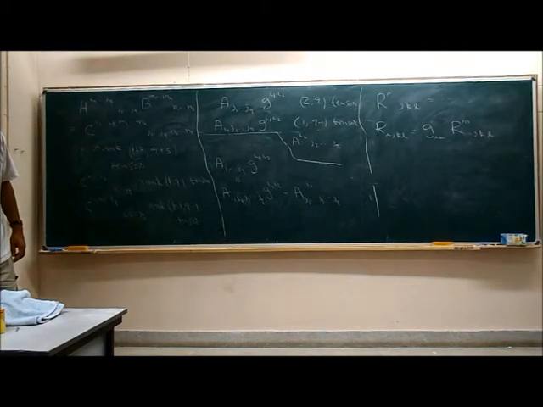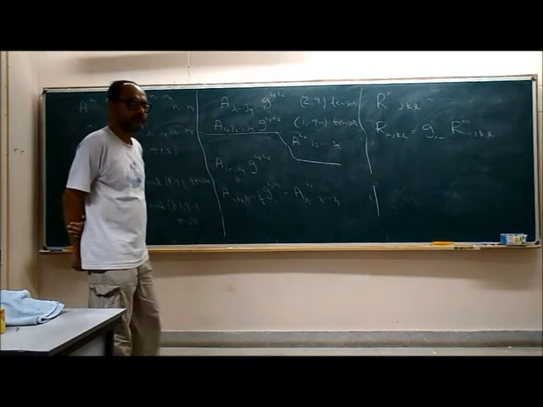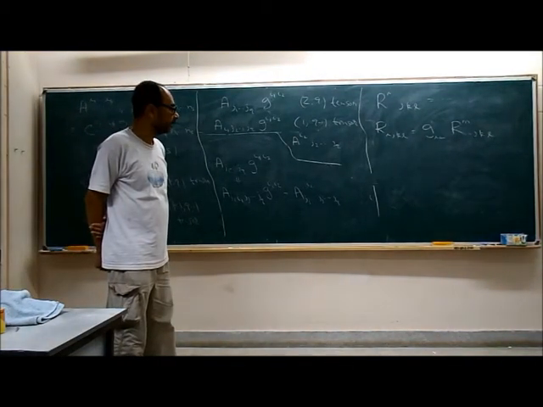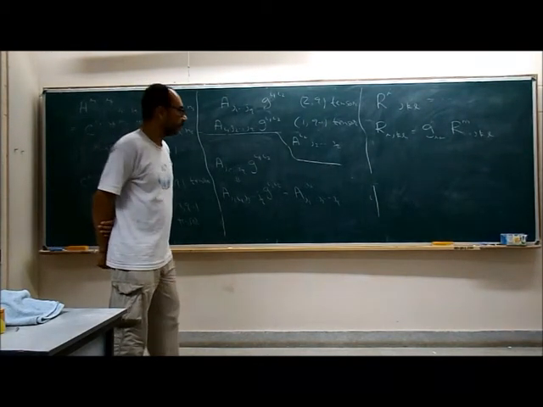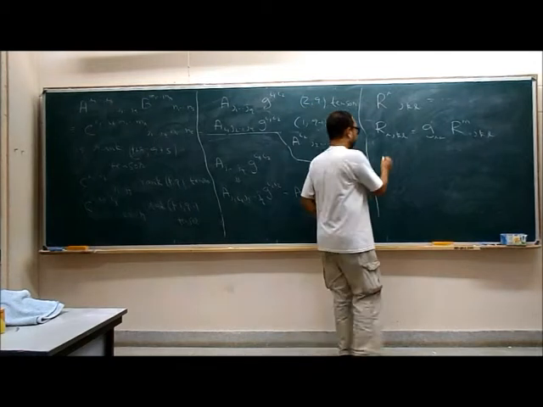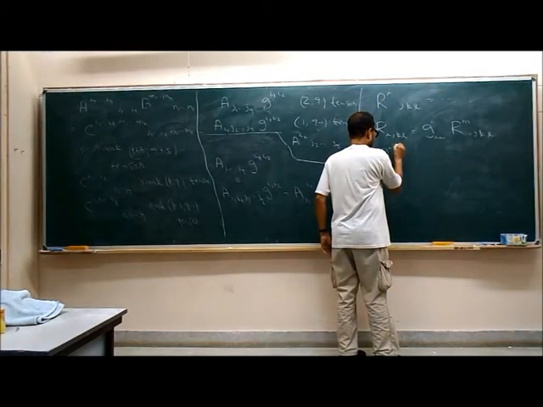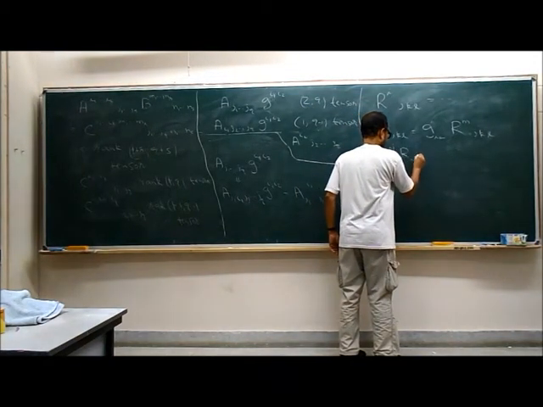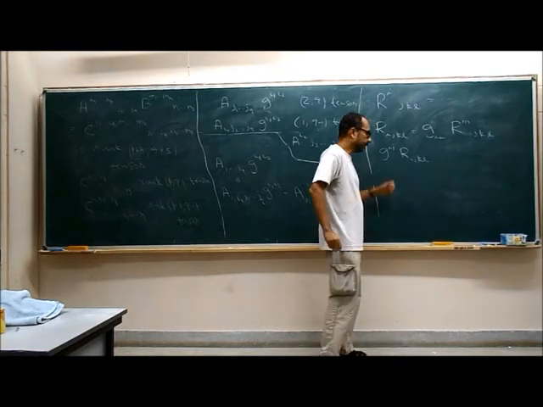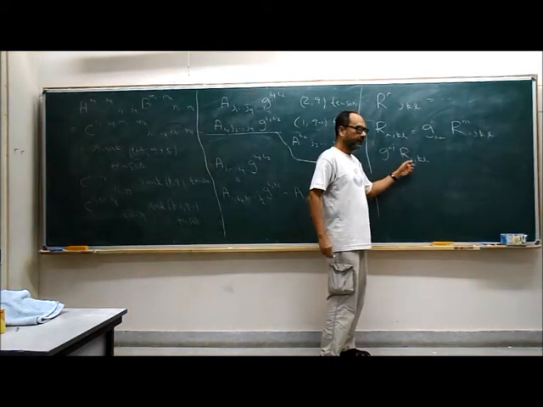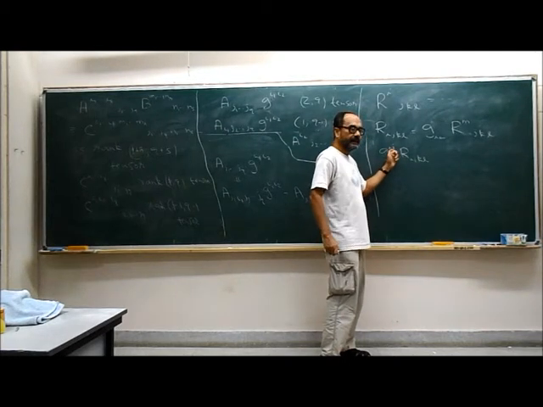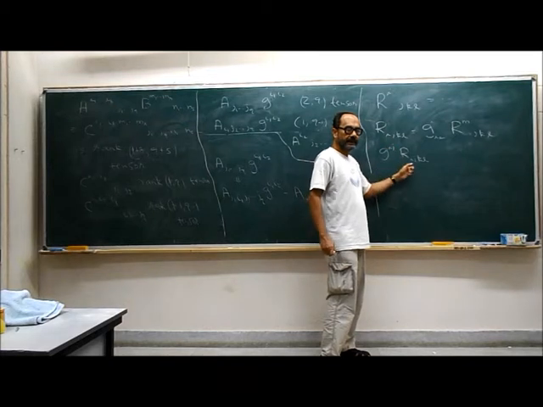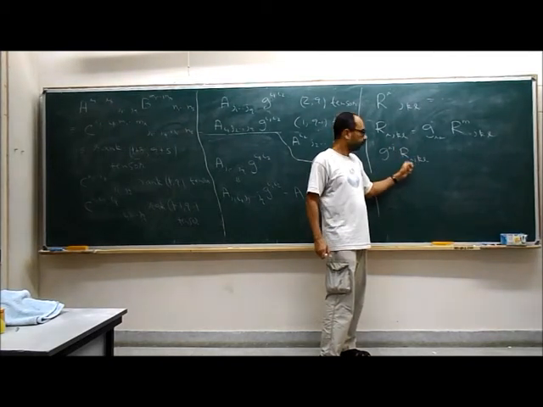When indices are antisymmetric, we cannot contract, meaning the contraction will result in zero. For example, if you multiply by G IJ R IJKL, this is two contractions. If these indices were free, this would have been a rank 2-4 tensor, two upper indices and four lower indices.